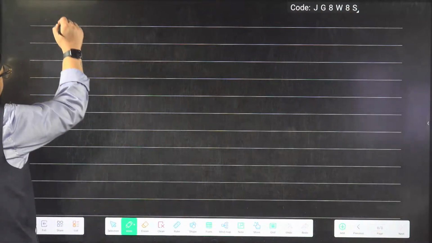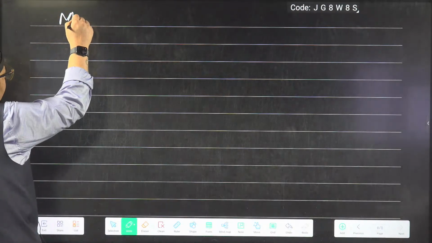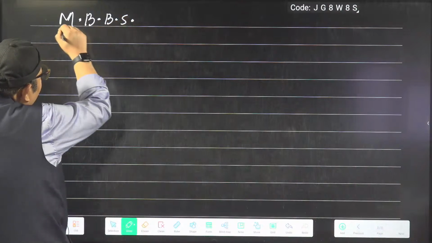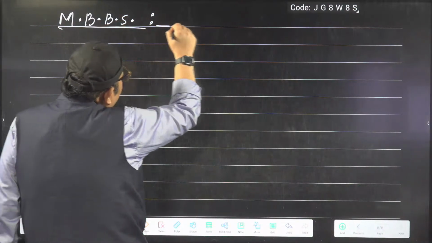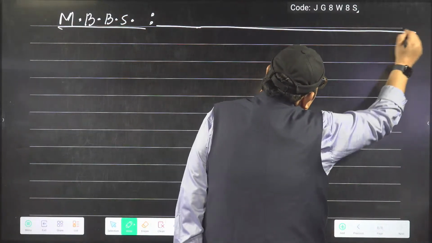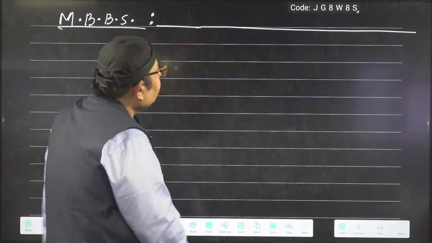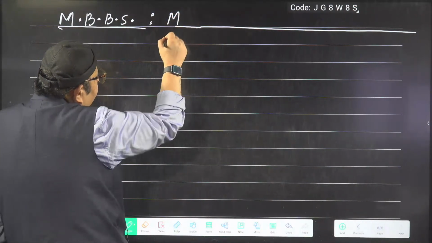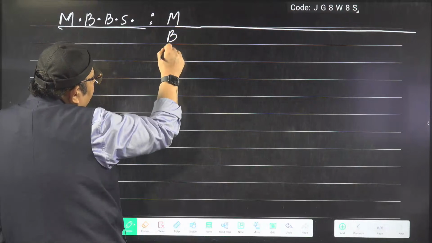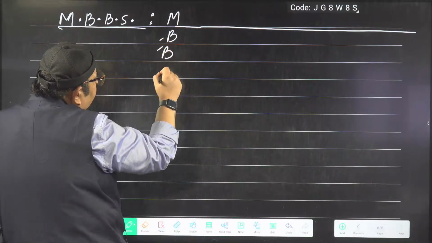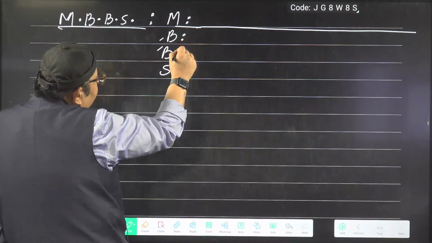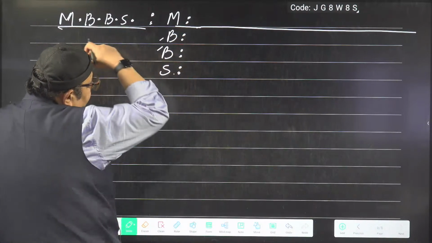I'm keeping some space in your class notes. You have typed it also. Later on, when you revise the class, you have to write by hand also. MBBS. Write M separate, then B separate, again B, because these two are the same, and S separate.